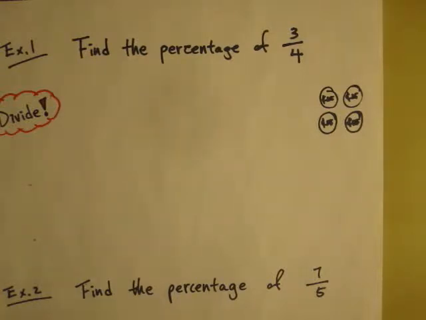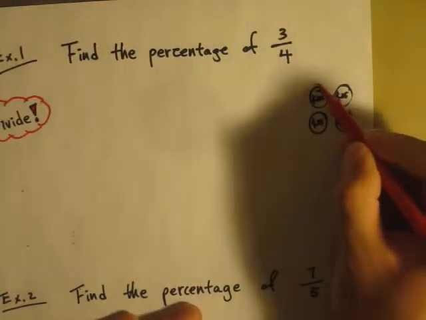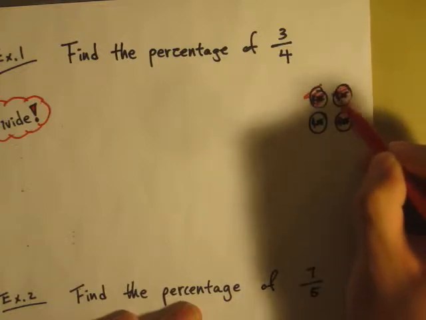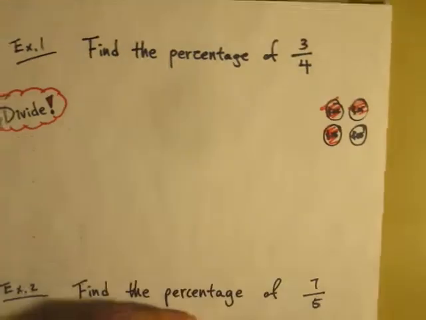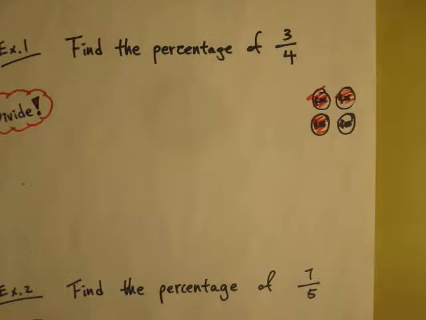Every quarter makes up a portion of that $1, and every portion makes up a percentage. So if I only have 3 quarters, 1 quarter, 2 quarters, 3 quarters, what percentage of the entire $1 do those 3 quarters make up? That's what we're trying to find.